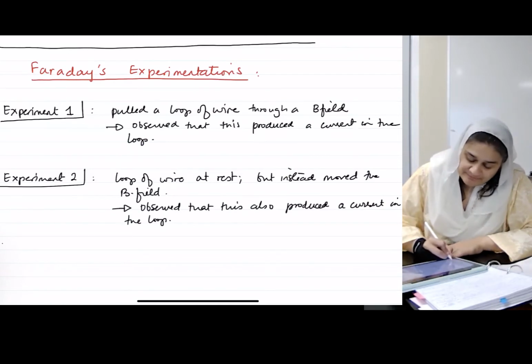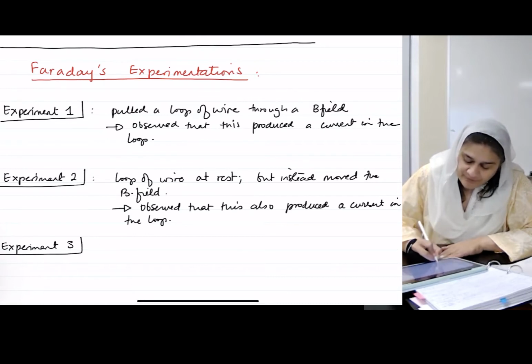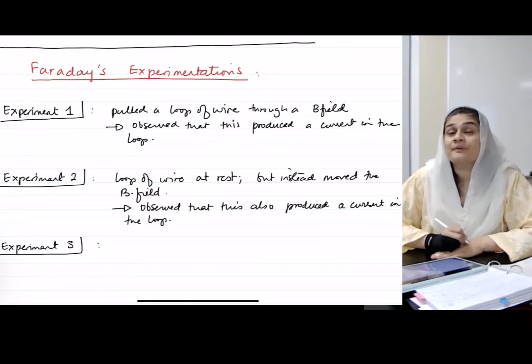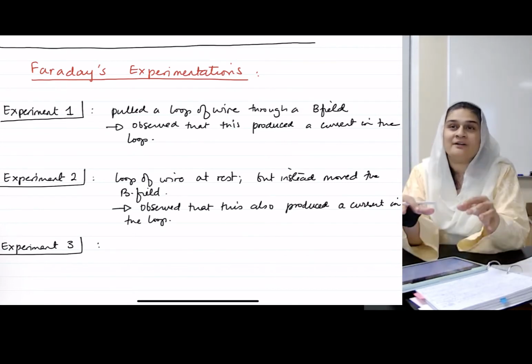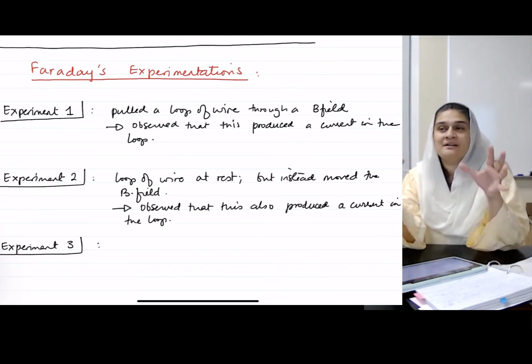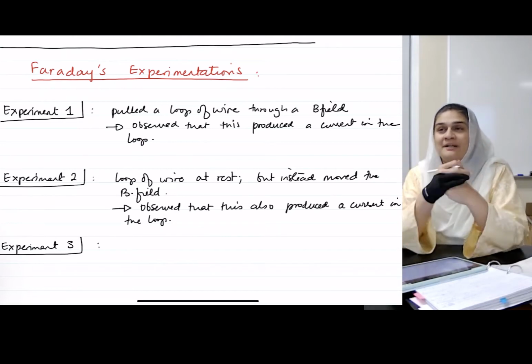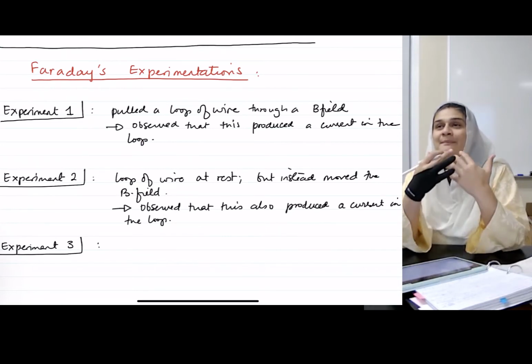Experiment 3. Then he said, what happens if I keep the wire and the B same, but I actually vary the strength of the magnetic field? What will happen in that case?